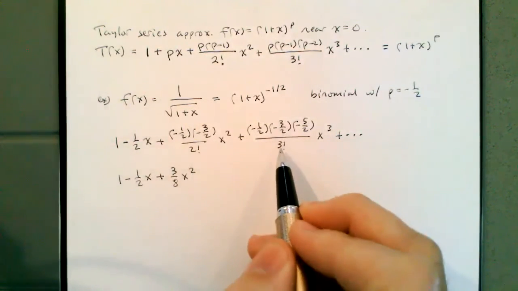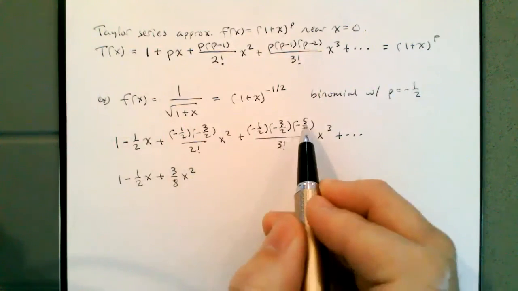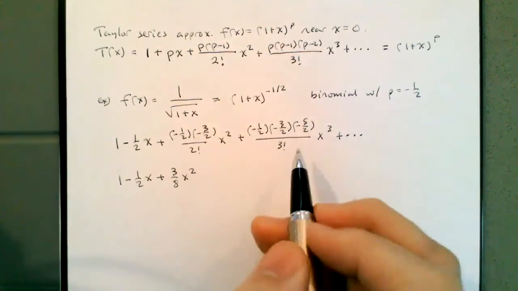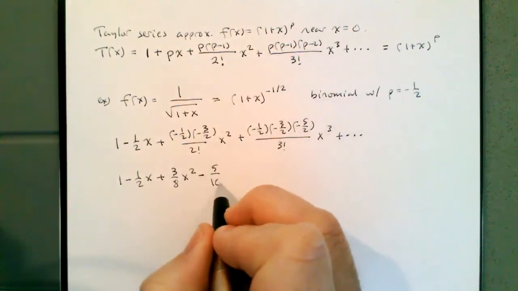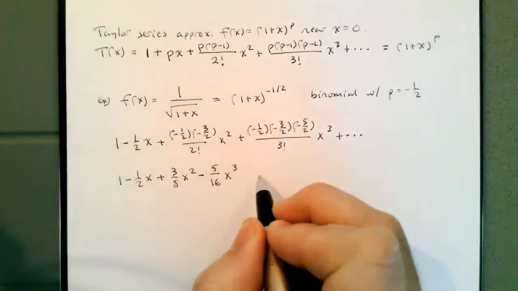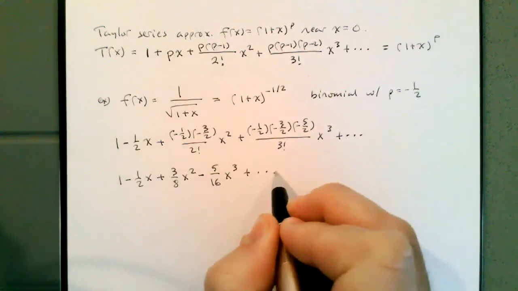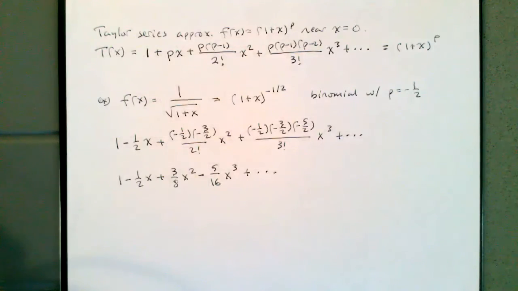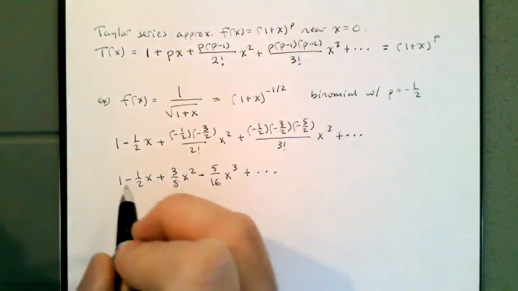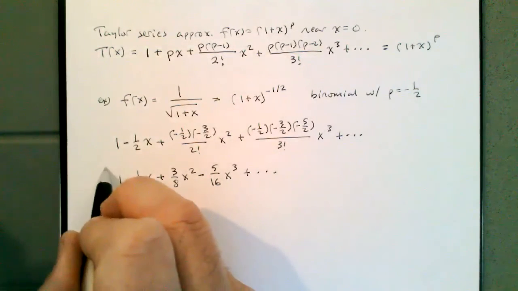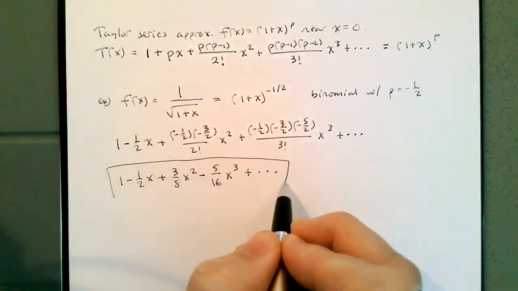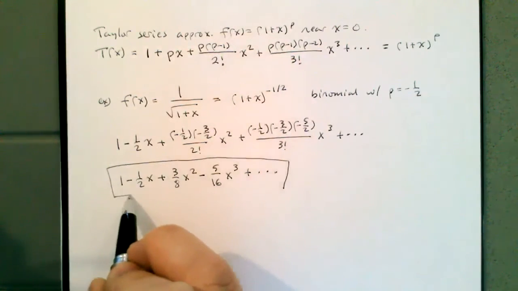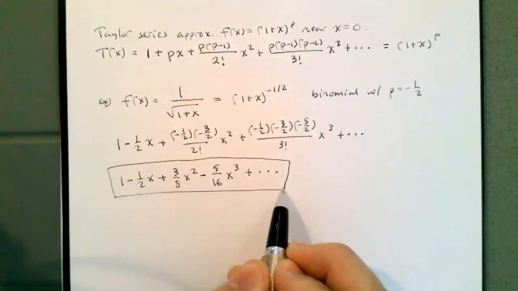Then see, the 3 is going to cancel out a 3, and so I'll have 5 over 16, and it'll be negative. Any questions? Here are the first four non-zero terms of the Taylor series approximating 1 over the square root of 1 plus x near x equals 0.